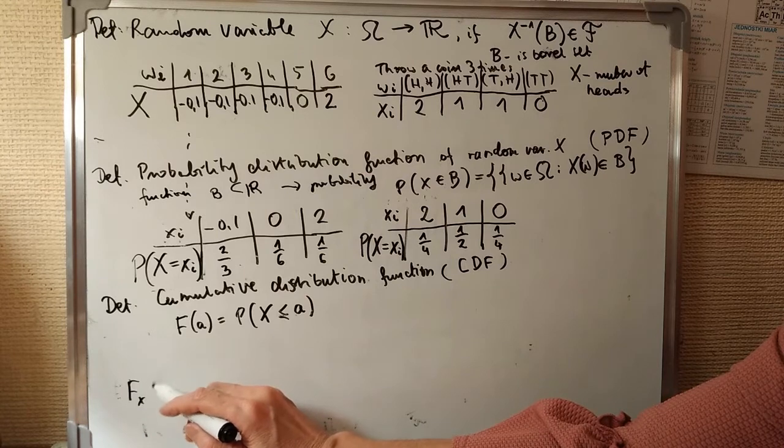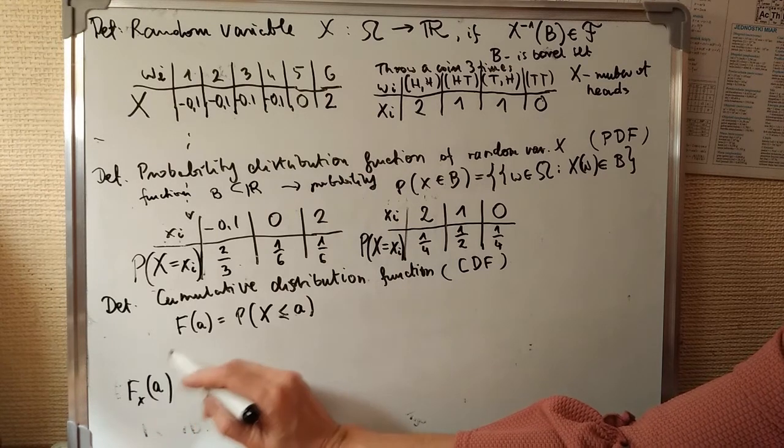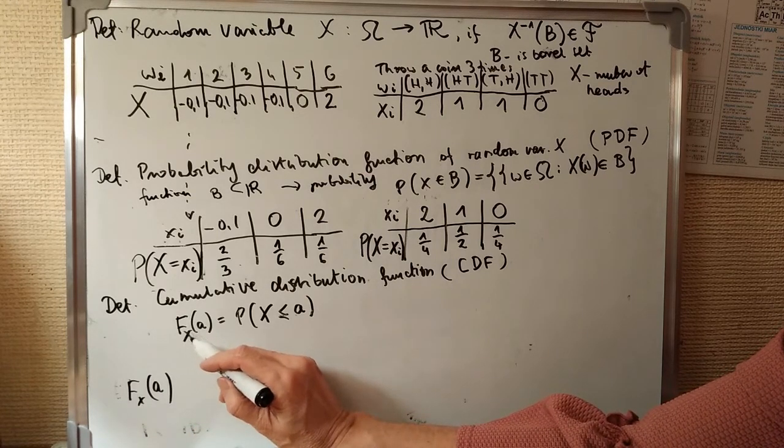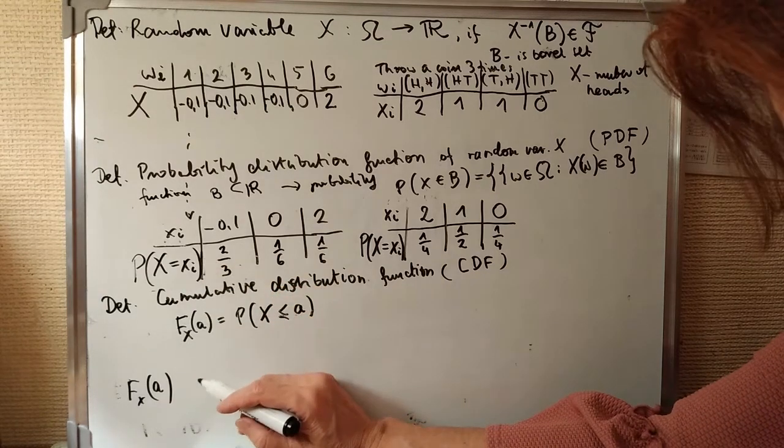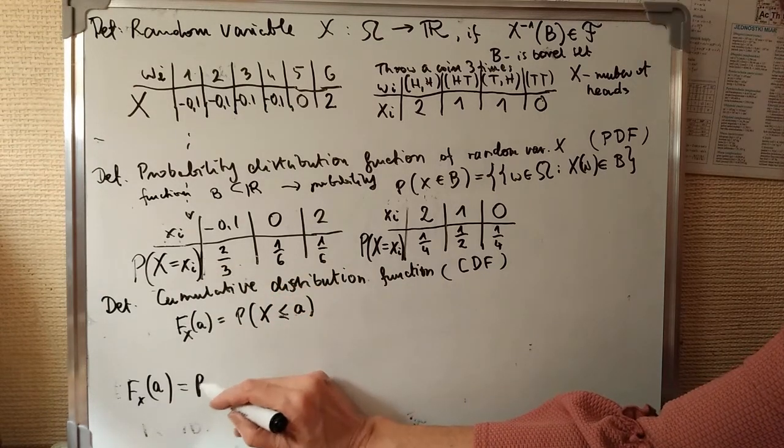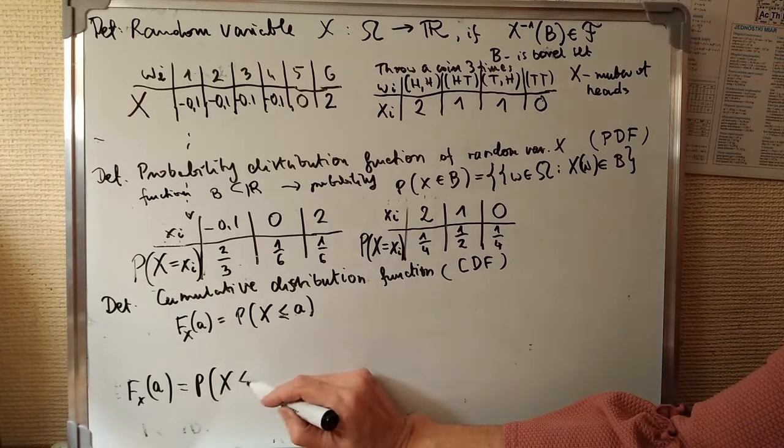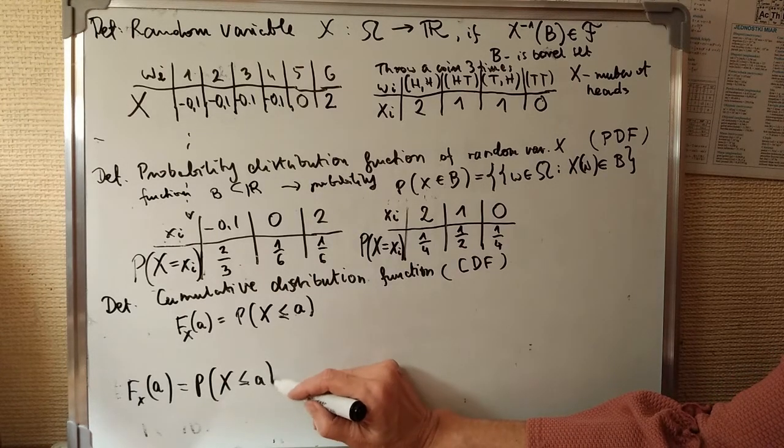F subscript X of A is the probability that X is less or equal than A.